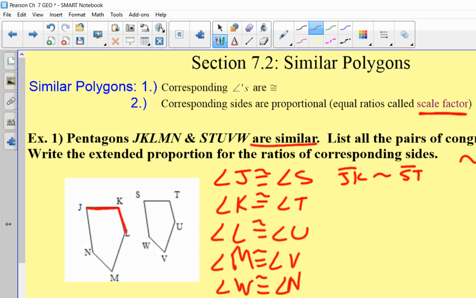So I got this one, side KL is going to be similar to side TU. Okay. Keep on going. So LM is similar to UV. Sorry about that. And then MN is similar to VW.